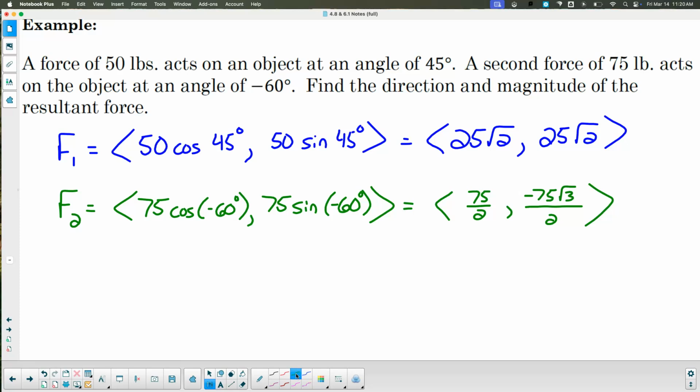So I put that in parentheses. 75 divided by 2 gets me... So my result is 72.85534 and... square roots of 3 and divided by 2. Ooh, come on. I don't like that.